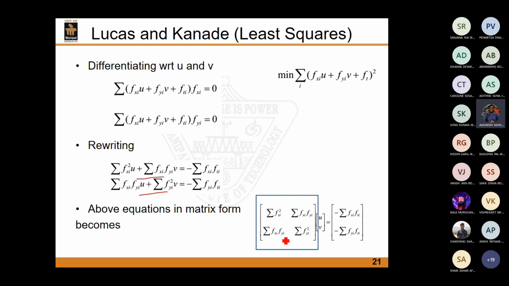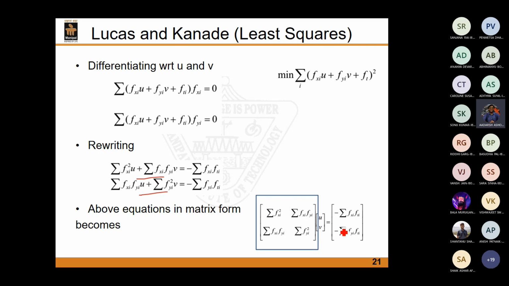This matrix is basically containing gradients. You have the square of the gradient along the x direction, the product of the gradients along the x and y directions, and the summation shows that you're summing it over the neighborhood, right? What you're trying to get here is basically the gradient information along different directions.